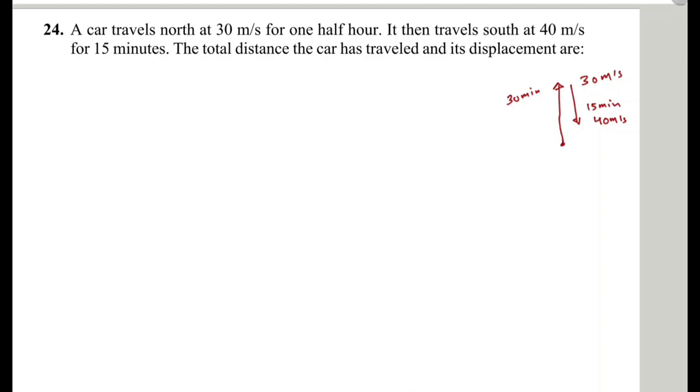Now to find the total distance, y equals y initial plus v initial t plus half a t squared. Now it's constant velocity, so a is 0, and starting from origin so y initial is 0 as well.